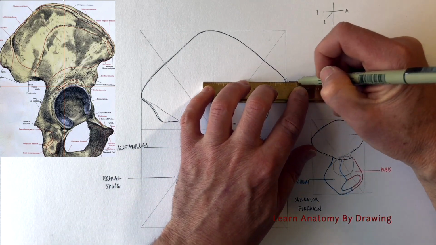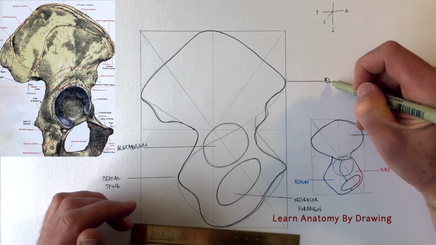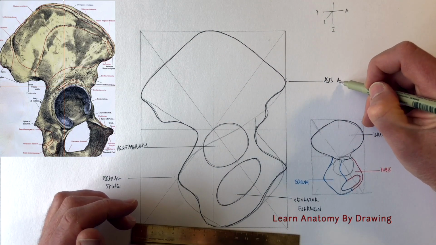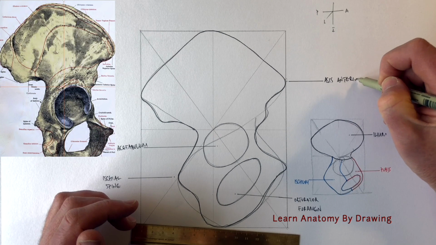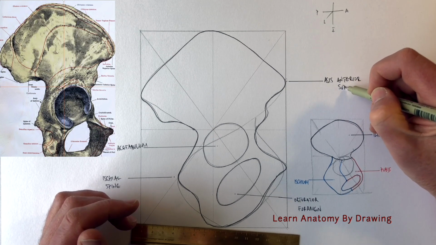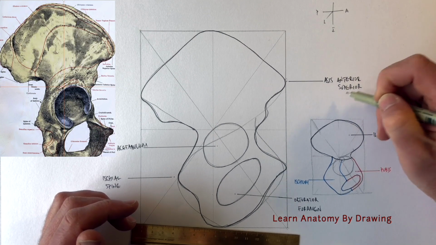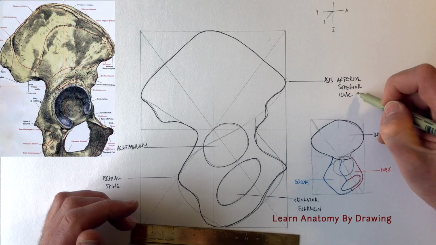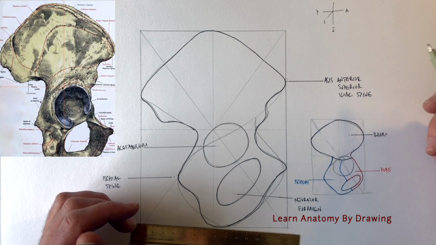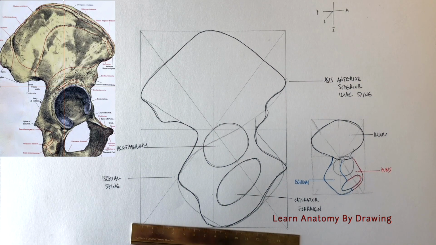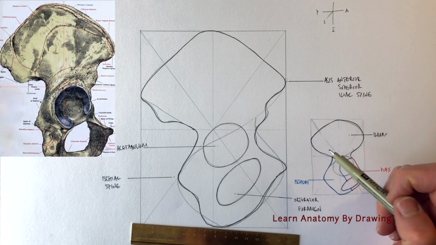You'll remember from the other video that this is the ASIS, or the anterior superior iliac spine, and you can feel that just on your belt line, on the lateral aspect of your trunk.